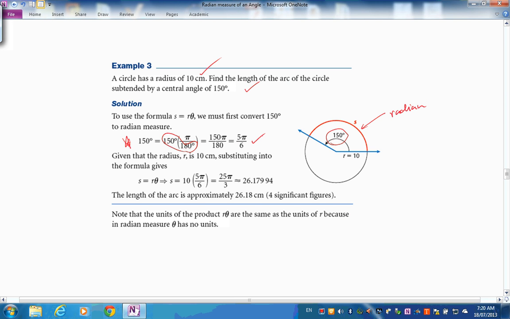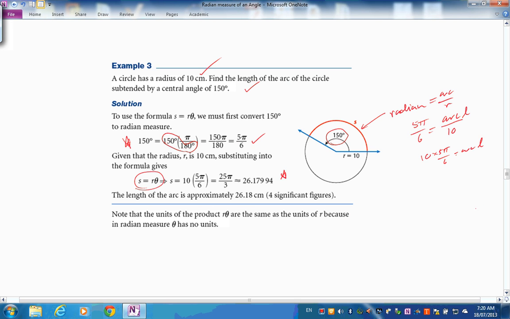So now we know the measure of the angle. Radian measure is arc over radius. So 5 pi on 6 equals the arc length over the radius, and the radius is 10. Multiply across: we have 10 times 5 pi on 6 is the arc length. Or just use the new version of the formula.